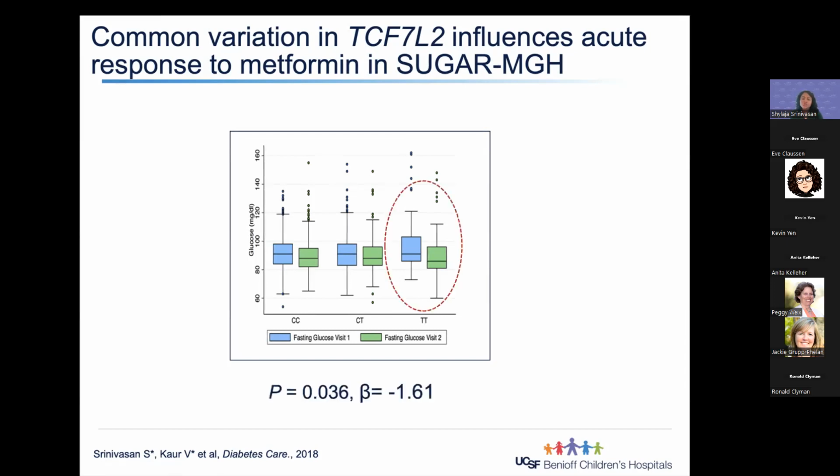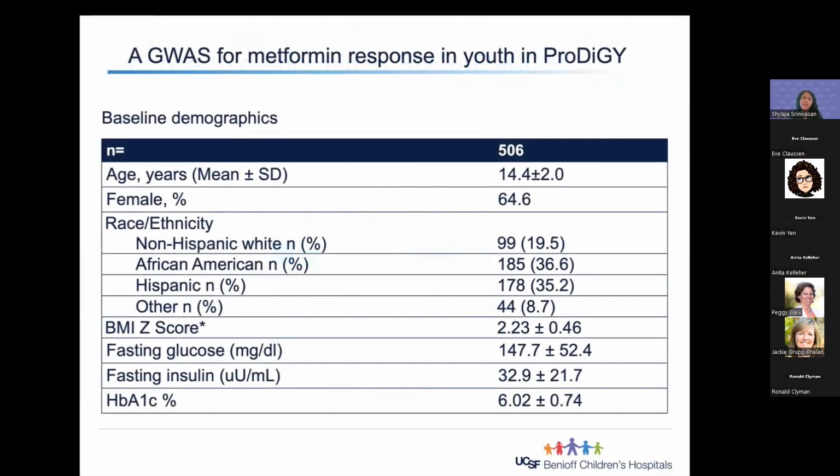It translated to a change in glucose of about 1.6 points. So definitely, there is a clinical translation and a clinical implication for all of these genetic findings. With all of that data in adults, our goal was to then look at this in children. So again, in the ProDiGY consortium, we looked at the genetics of metformin response through a genome-wide association study.